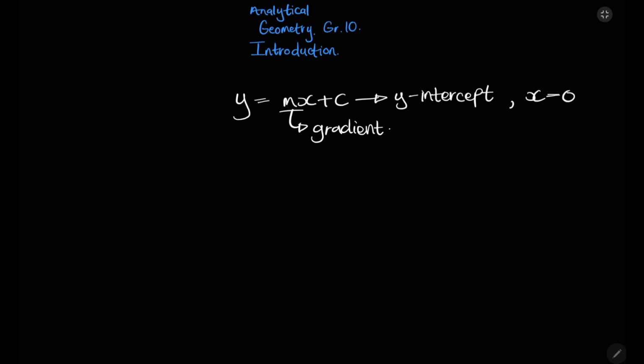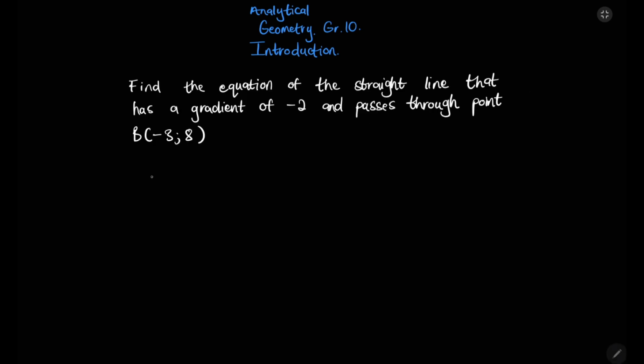So for this, let's just do a quick exercise so that I can remind you guys. Find the equation of the straight line that has a gradient of -2 and passes through point B, (-3; 8). So the first step would be to write down our standard formula. You guys know that it's y is equal to mx plus c.